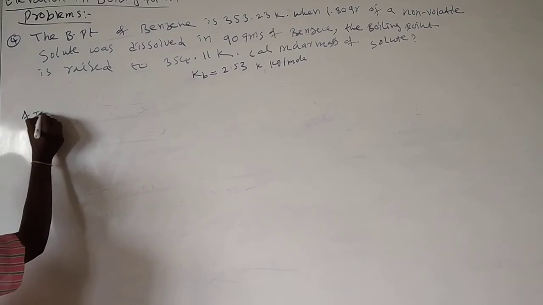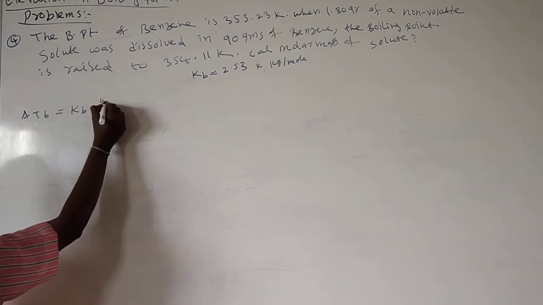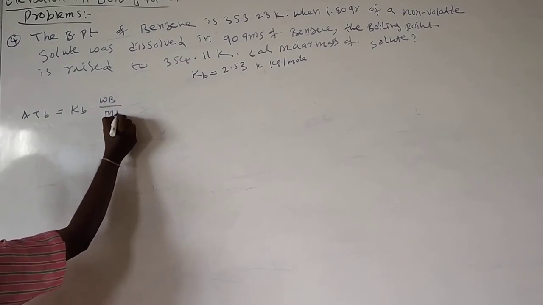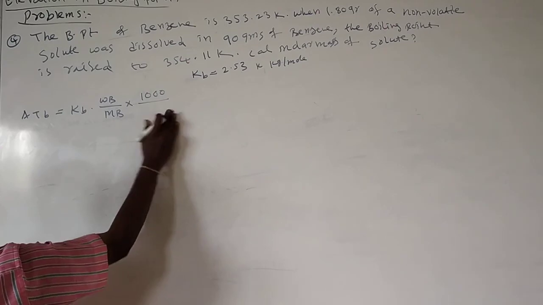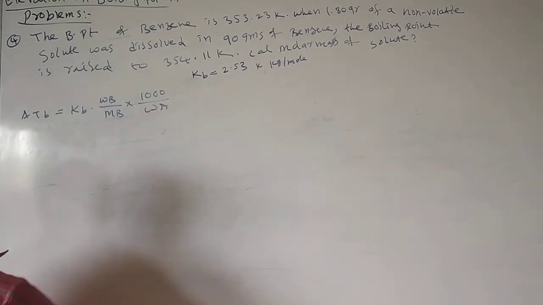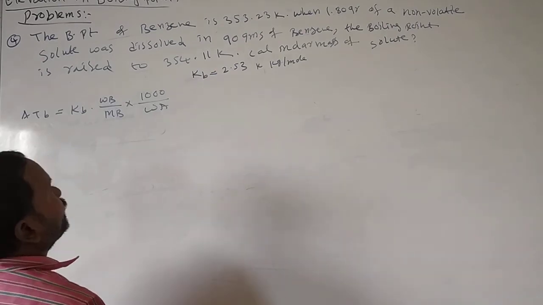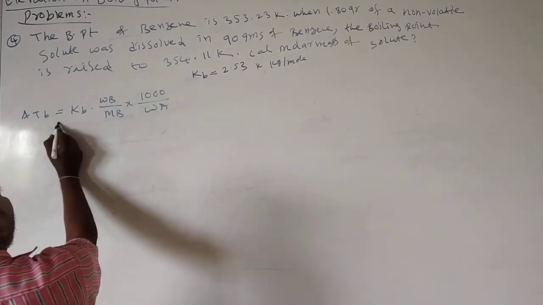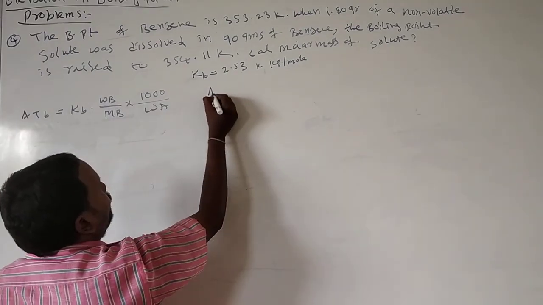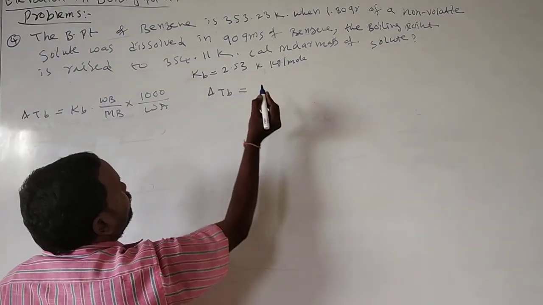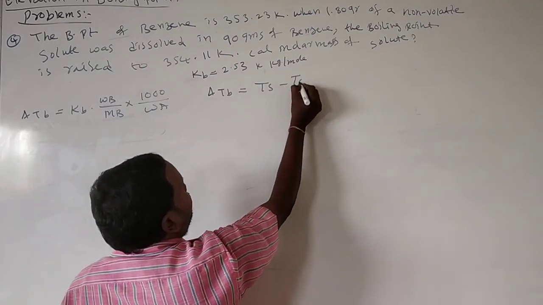ΔTb is equal to Kb into WB by MB into 1000 by WA. First we should calculate ΔT. How to calculate ΔTb? ΔTb is equal to Ts minus T0.